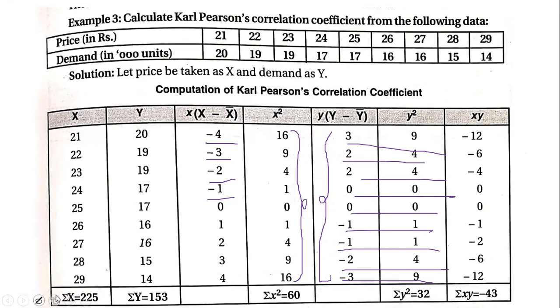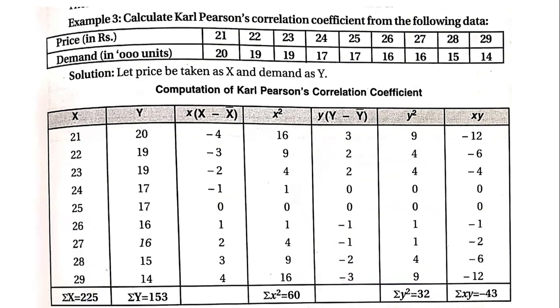So once you do this, you would get the values of x square and y square. Now total all the values of x square to get sigma x square, which is equal to 60, and total all the values of y square to get sigma y square, which is equal to 32.